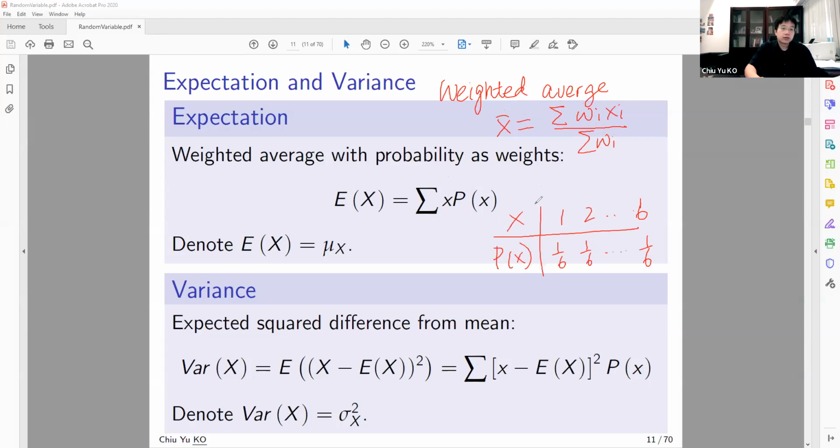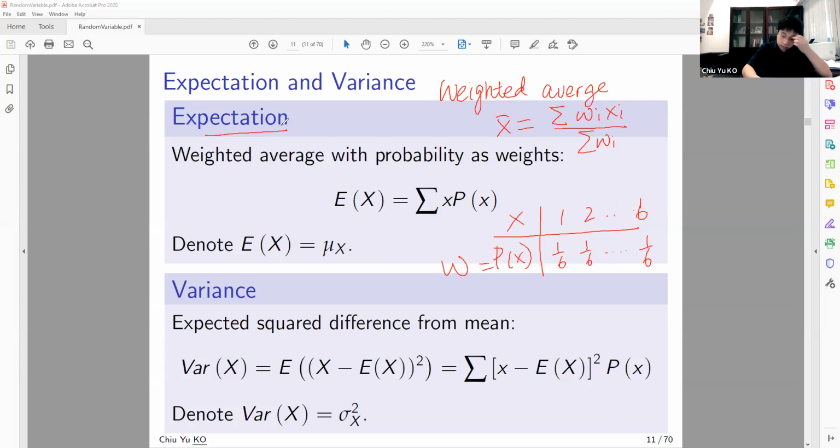But you can see here, I can find the mean of X using P as the weight, okay? The weighted average of this random variable using the probability as a weight is called the expectation.